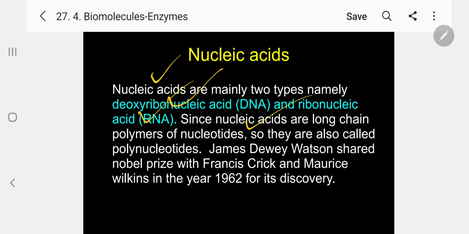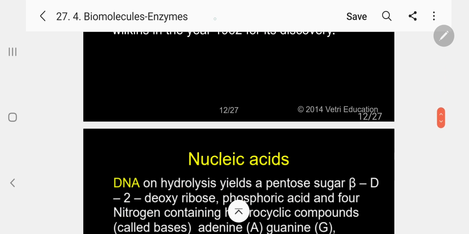Since nucleic acids are long chain polymers of nucleotides, they are also called polynucleotides. James Dewey Watson shared the Nobel Prize with Francis Crick and Maurice Wilkins in the year 1962 for its discovery. Kindly follow, they shared the Nobel Prize.